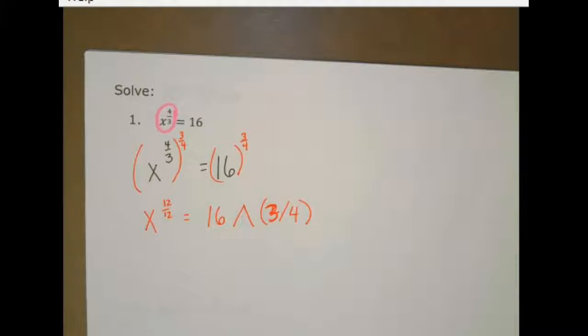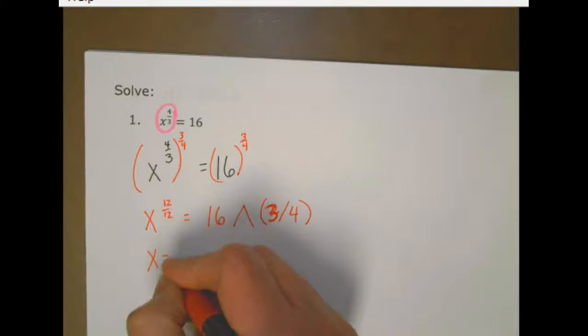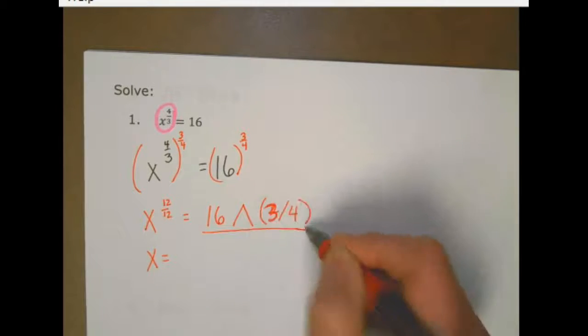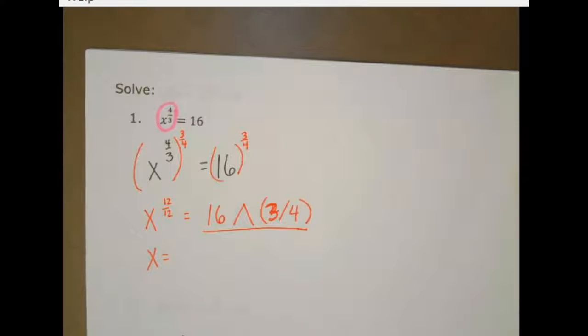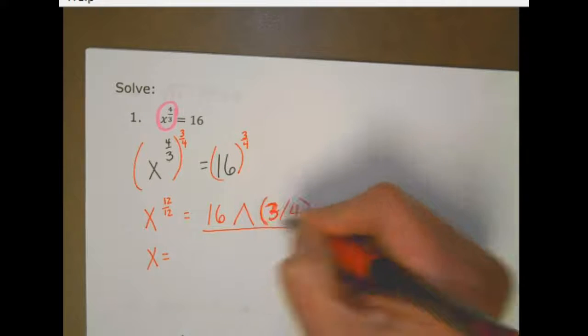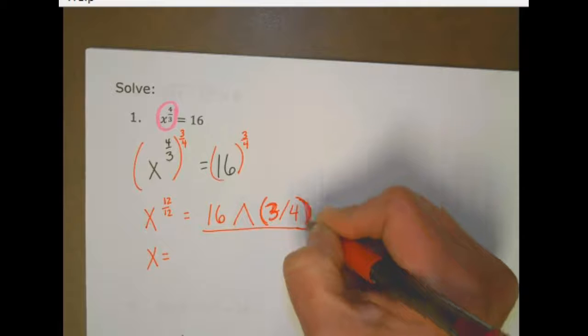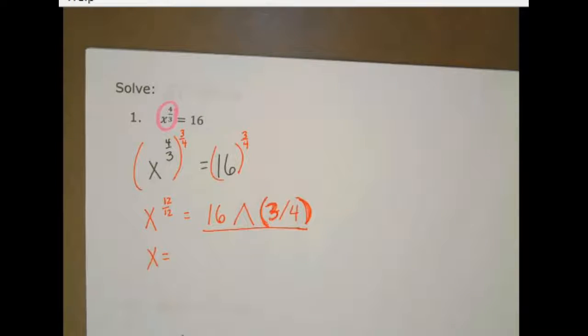The reason I wrote it that way is that's how you're going to put it in your calculator. And so this is going to be x to the first power. It is very important, if you have a fraction exponent, you must put parentheses around the fraction when you're putting it into the calculator.